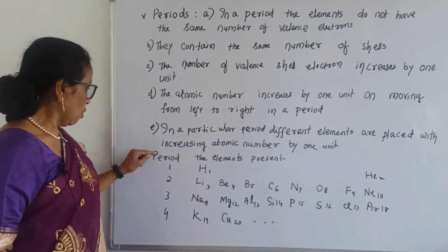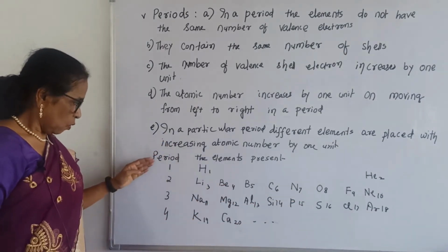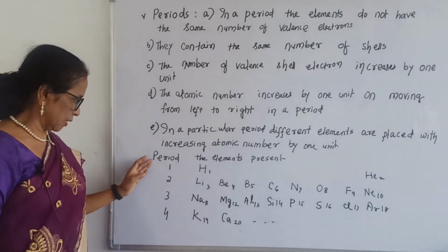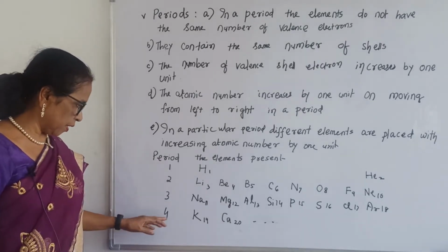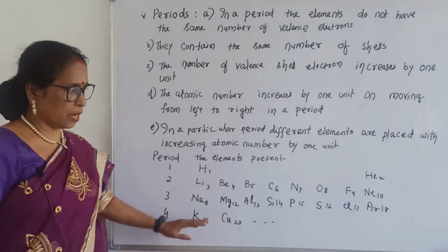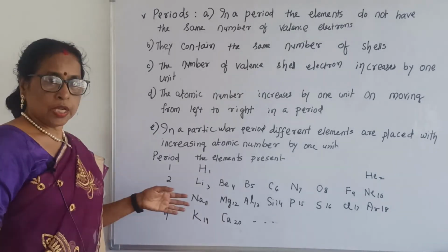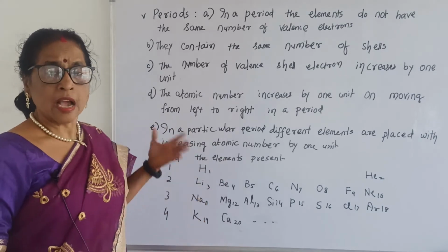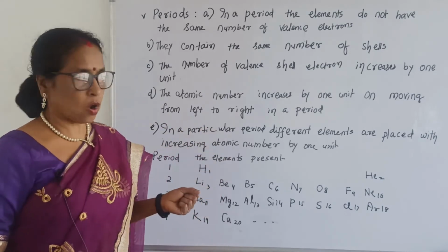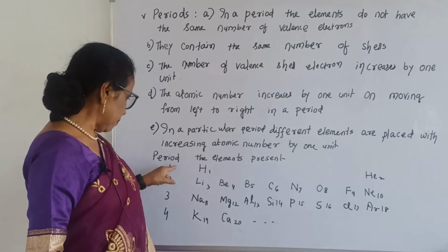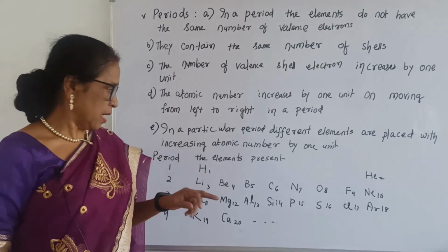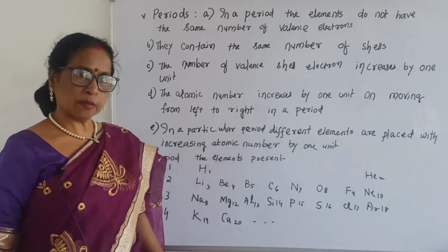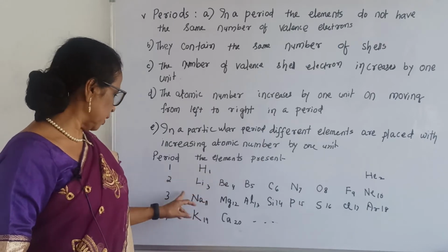Now, for class 10th, only up to the 3rd and 4th period, only 2 elements you should remember. In higher class, you will read up to the 7th period, how there are so many divisions, how to read and how to remember all the things. But here the first period contains hydrogen and helium, 1 is the atomic number of hydrogen, and 2 is the atomic number of helium.